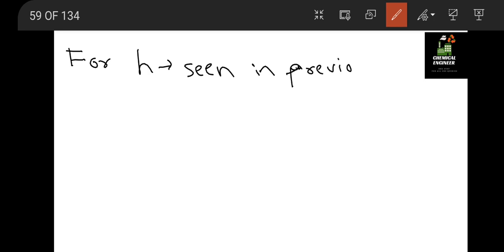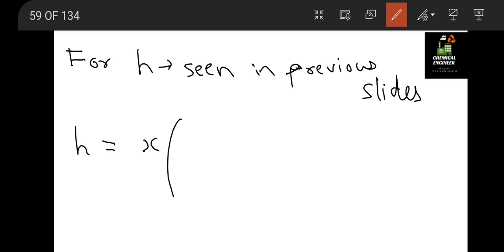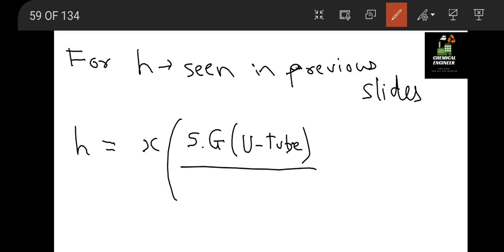You would have seen H in previous slides. We calculate this H equal to X into specific gravity of U-tube fluid divided by specific gravity of fluid in a pipe, minus 1.